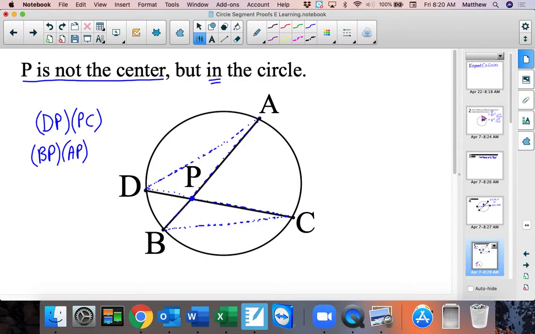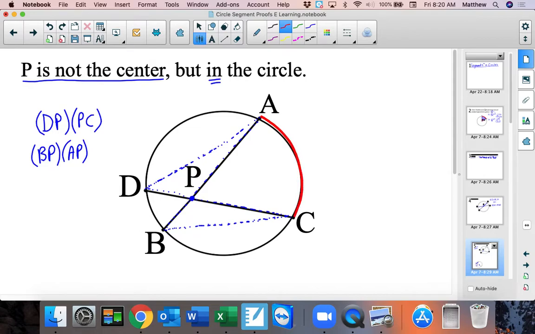What's important is that I want you to keep in mind this dotted line from D to A and from B to C. But if you look at those two triangles, I'm wondering what we could say about those two triangles. And importantly, I want you to look at this arc right here, AC.